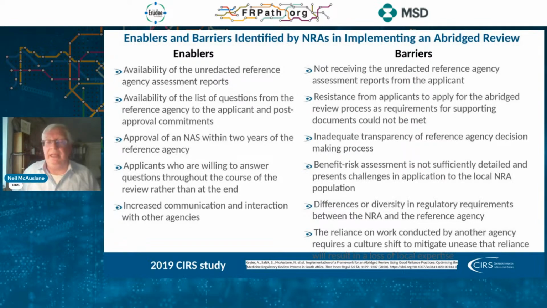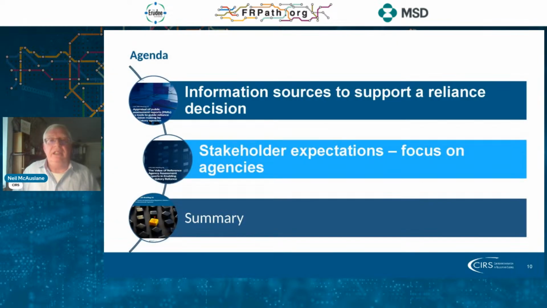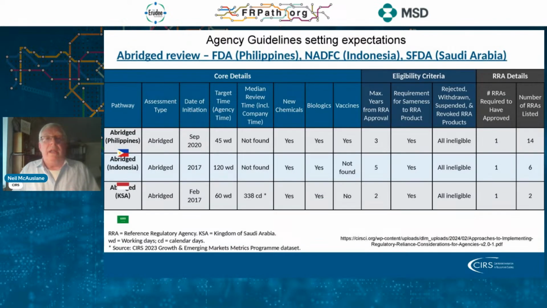So, focusing a little on stakeholders' expectations, I'm really doing it from the surveys we've done, looking at it from the agency's perspective. Work that we've done looking at guidelines specifically, again partly funded by the Vietnamese Agents Trade Association, was looking at how we could look at agency guidelines and whether or not they are setting the expectations.